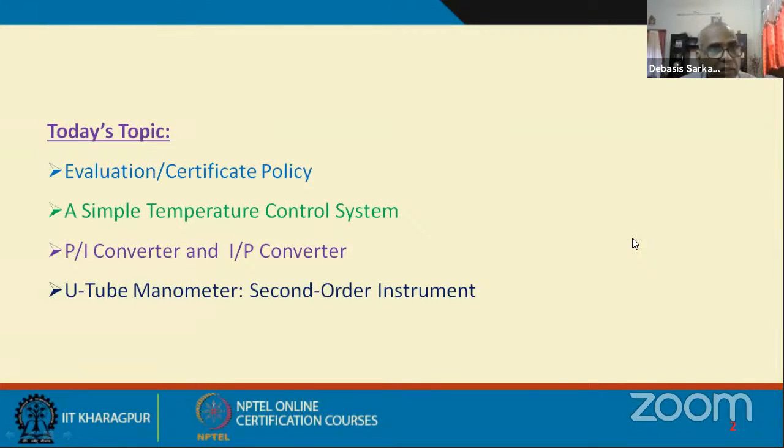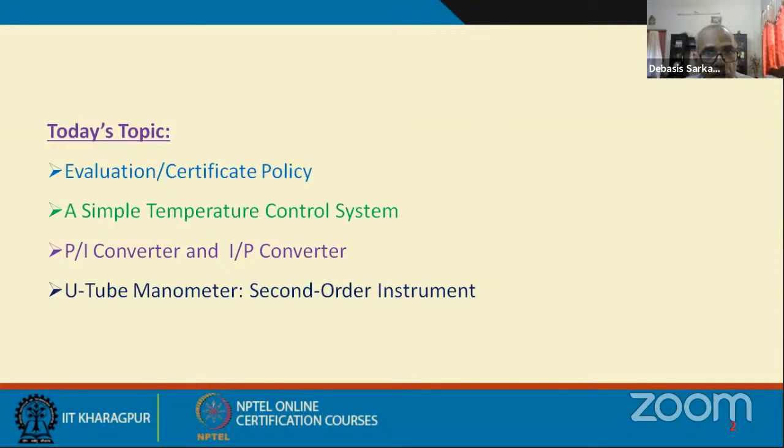So we have decided that this will be today's topic. I'll briefly tell you about the evaluation and certificate policy associated with the course. Then we'll take a simple temperature control system as an example.